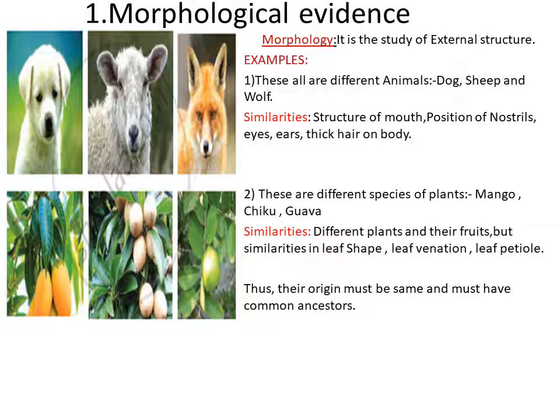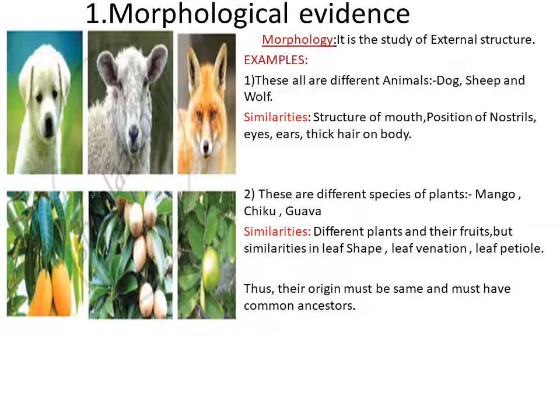They are different from each other, but they have similarities such as structure of mouth, position of nostrils, eyes, ears and thick hair on their body. So these are a few similarities which we can see in dog, sheep and wolf.